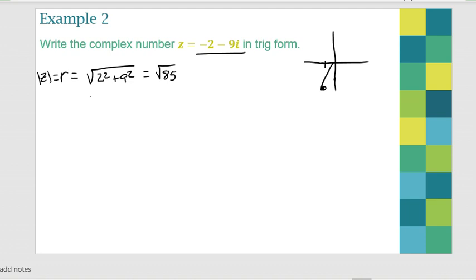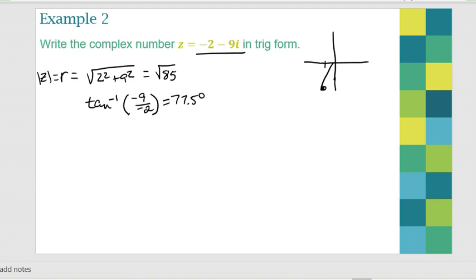This one, I do tan inverse of -9 over -2. Now, I know good and well that is the same as tan inverse of 9 over 2 because the negatives cancel, and I get 77.5 degrees.